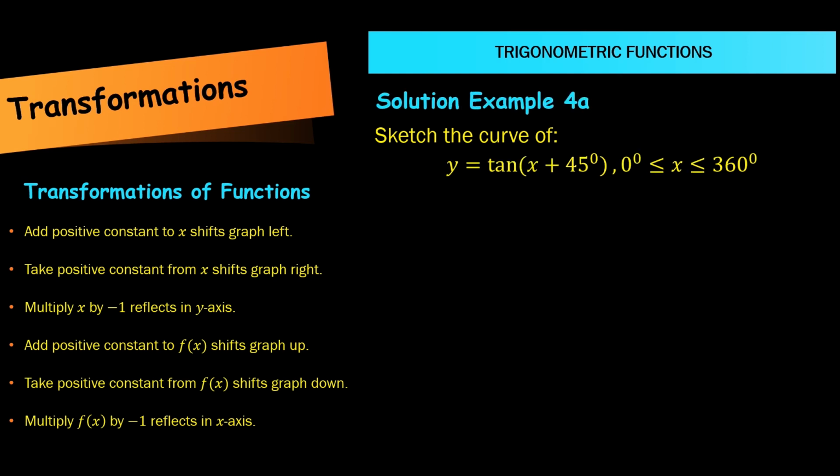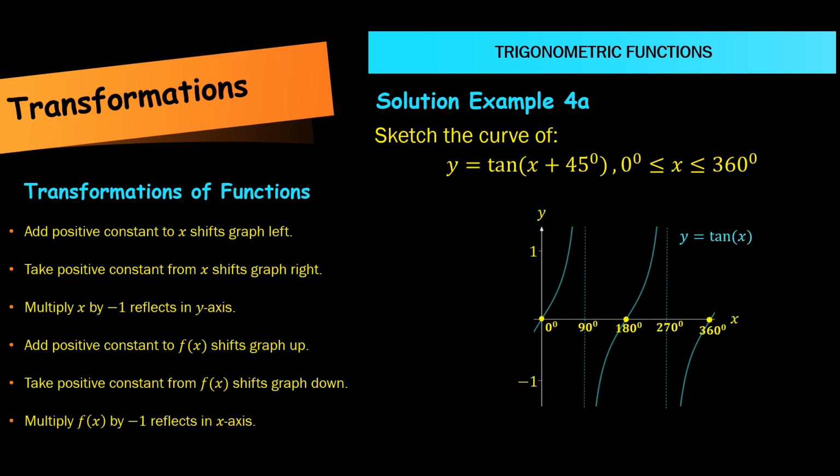So let's solve example 4a. We are required to sketch the curve of y equals tan of x plus 45 degrees for x in the interval 0 to 360 degrees. Here's a graph of tan x. Clearly, we have added a positive constant to x.